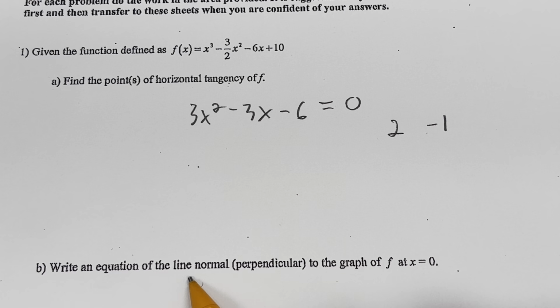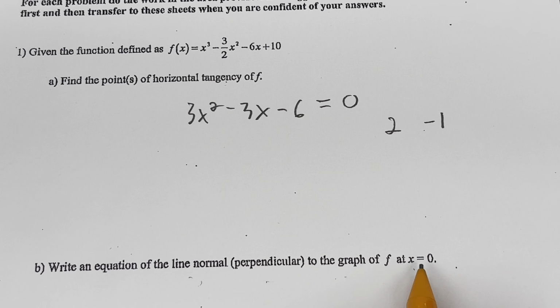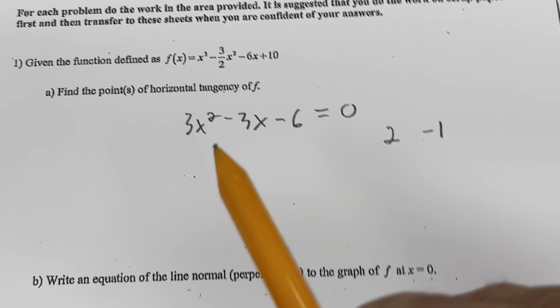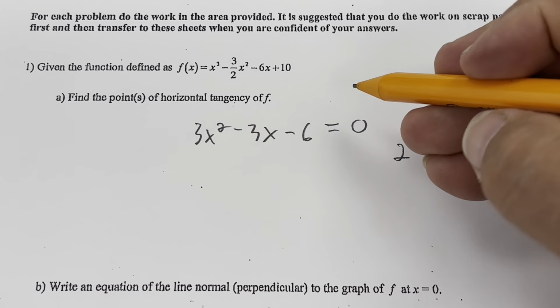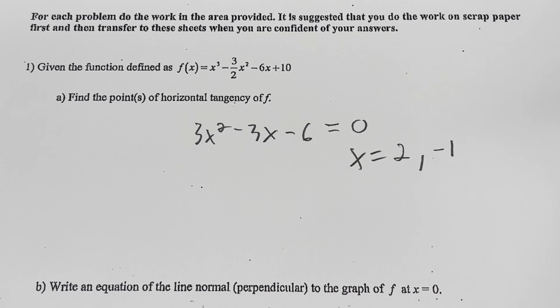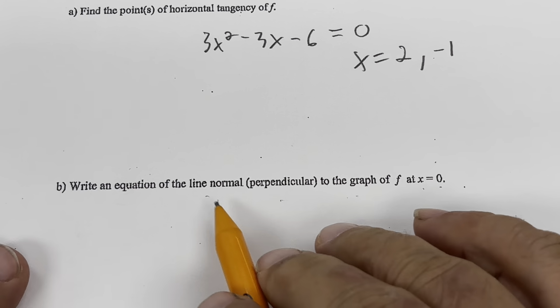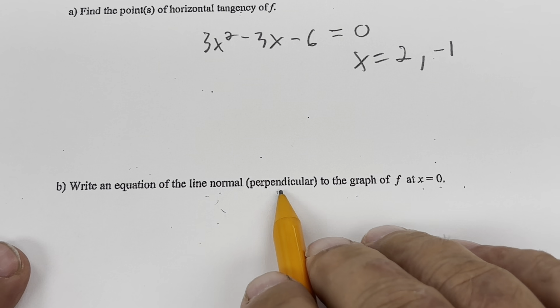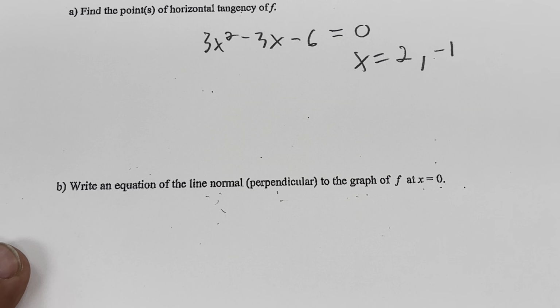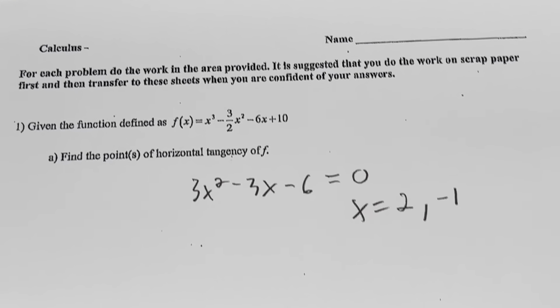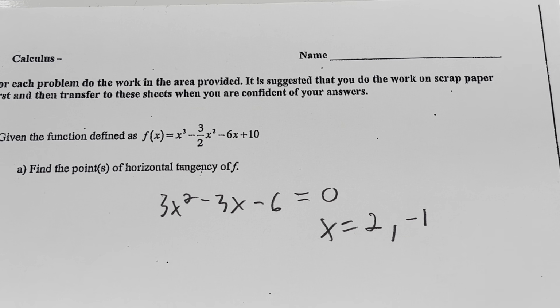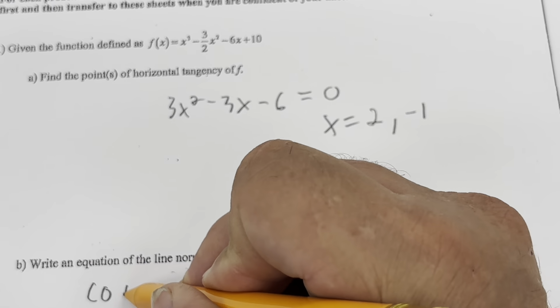Write the equation of the normal line perpendicular to the graph at x equals 0. Find the points of horizontal. So this one's done, x equals 2 and negative 1. Now for this one, write the equation of the normal line perpendicular to the graph at x equals 0. So up here I have to plug in 0 to get the y value, and that would be 0, 10.